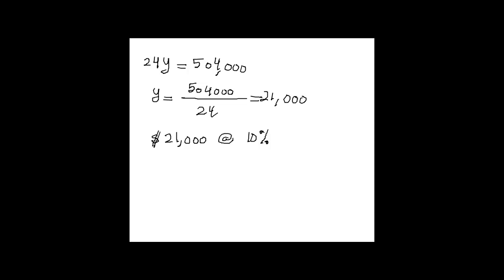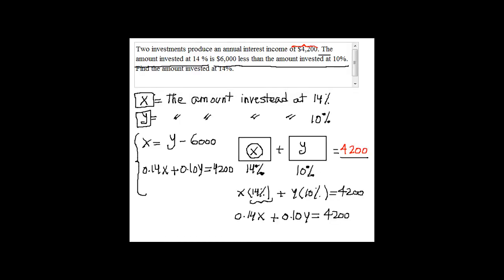Heidi's saying that she doesn't understand how y minus 6,000 got put into the equation. Well, let's go back and take a look at that very quickly because that's very important. That came from the very beginning. We assumed that we are investing X dollars into the first account, and Y dollars into the second account that gives us 10%.